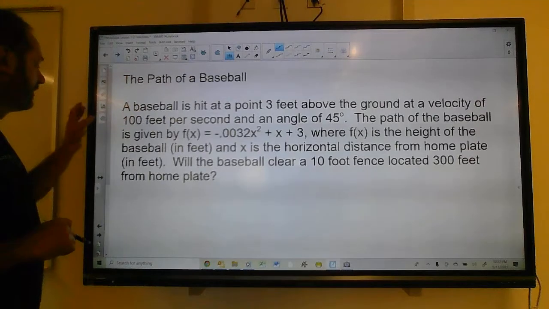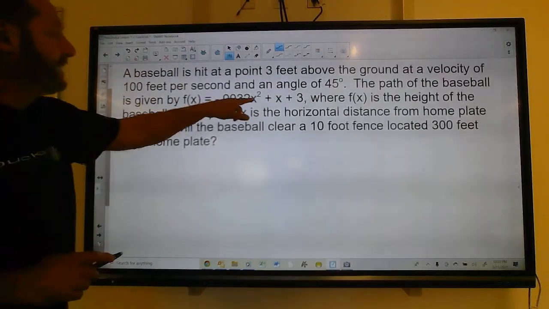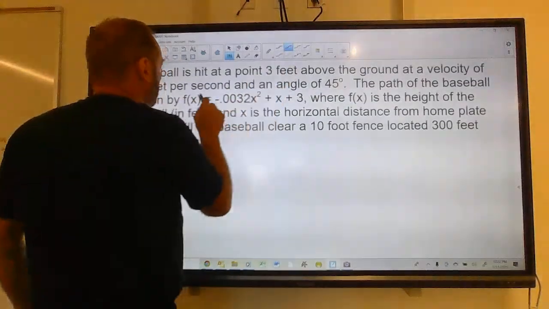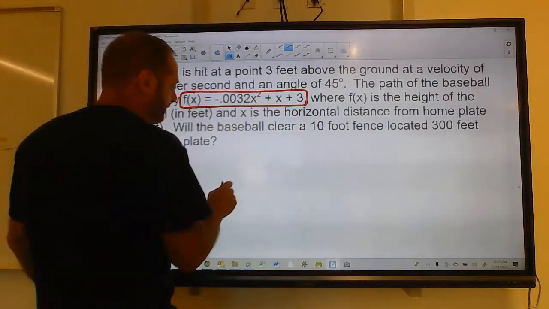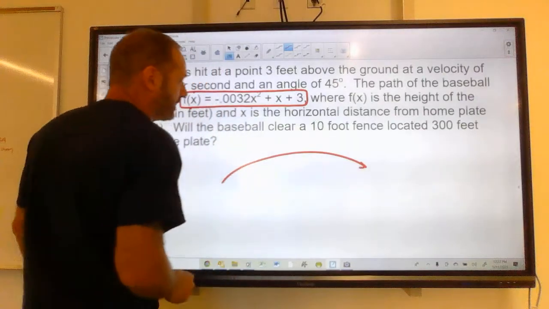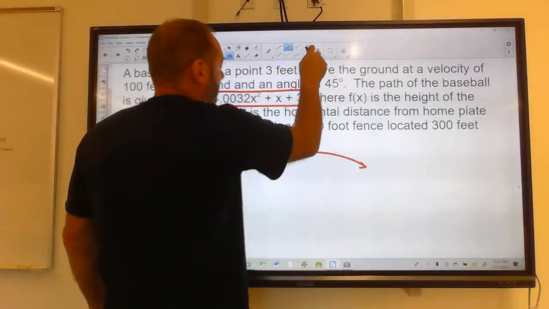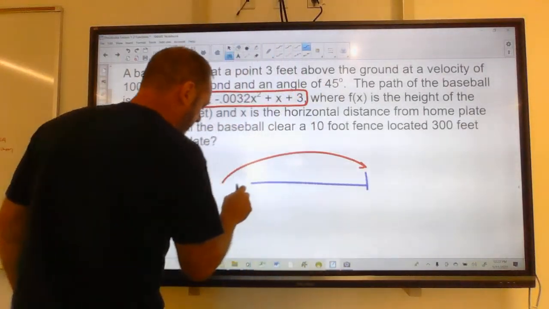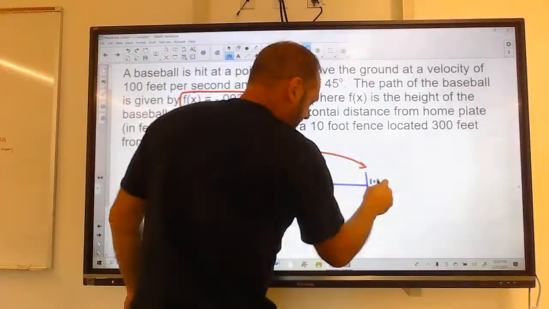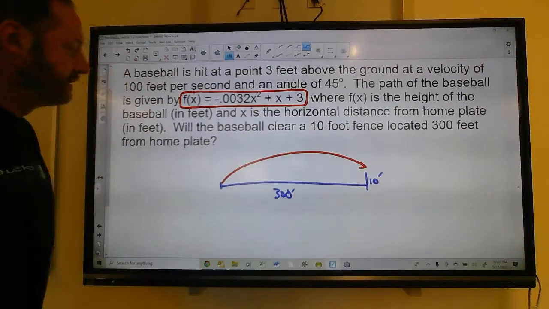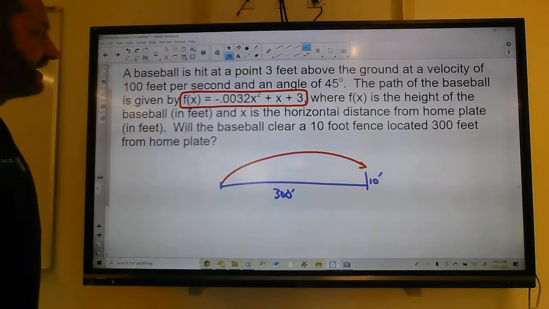So, okay, this is an upside-down parabola. Okay, here's my equation. It's an upside-down parabola. It looks something like this. And the question is, if the fence is 300 feet away from home plate, and this is 10 feet high, will the ball clear the fence?